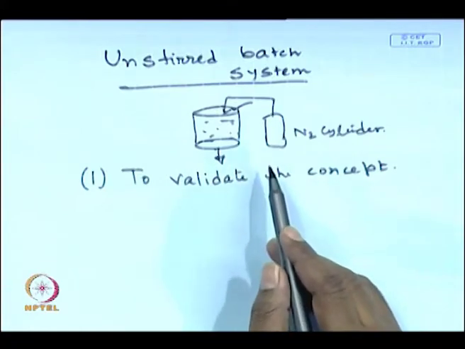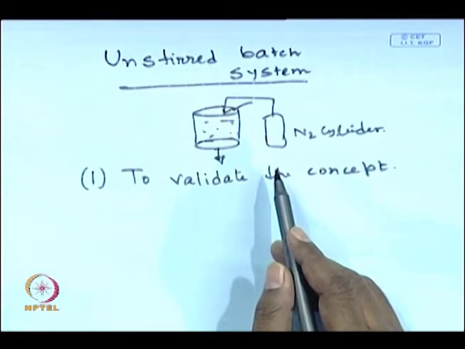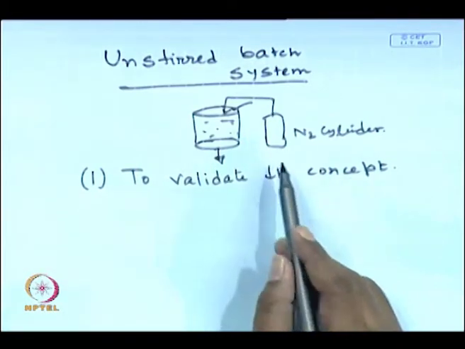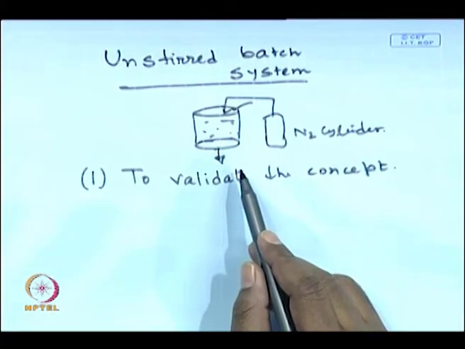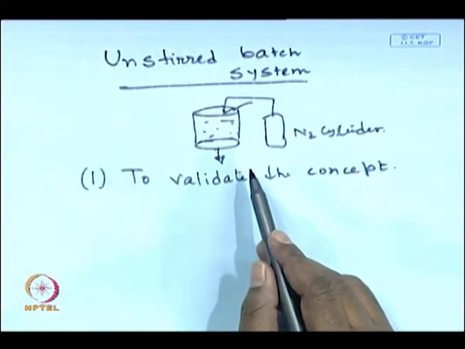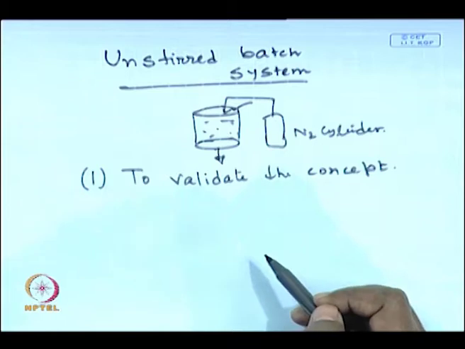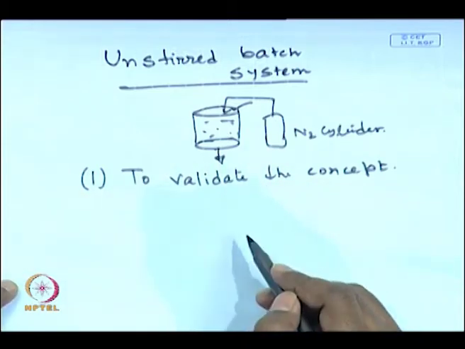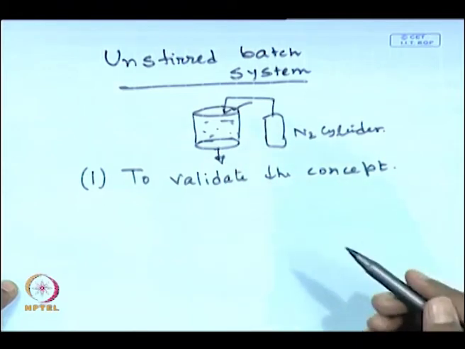Since the polarization will be maximum, the permeate quality will tend to deteriorate to the maximum level. Even in that cell, if it satisfies the environmental regulation or rule, then in a cross flow system or in an actual system where the turbulence is more, it will be a sure shot success as well.